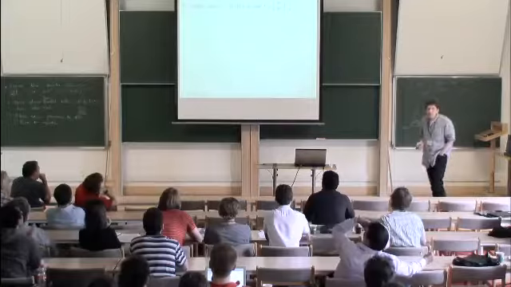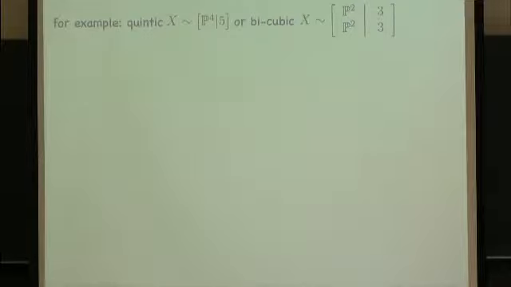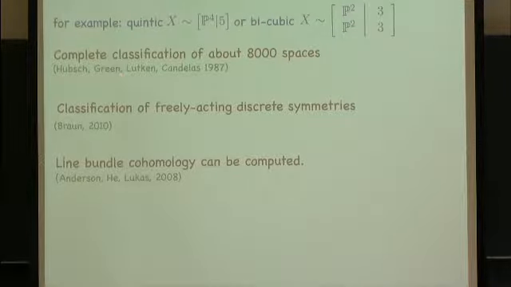Okay, so we have to find some arena where we can do all this explicitly, and that arena is the set of complete intersection Calabi-Yaus, the quintic being the most famous example. But the thing about these spaces really is that you have a classification of them. There are about 8,000 of them, and perhaps even more importantly, you have a classification of the freely acting discrete symmetries. I just checked before the talk.